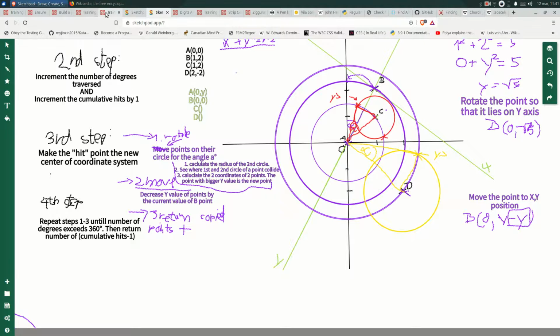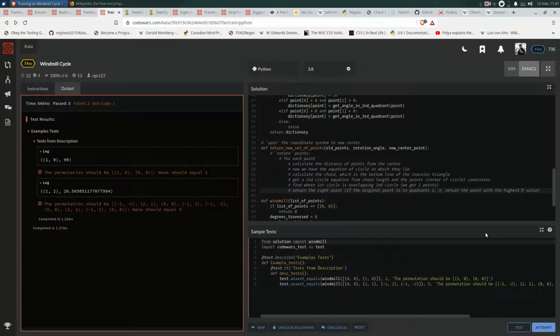And if it's in quadrants 1 or 4, it is the one with the lower y value.